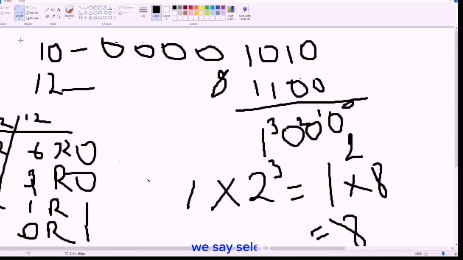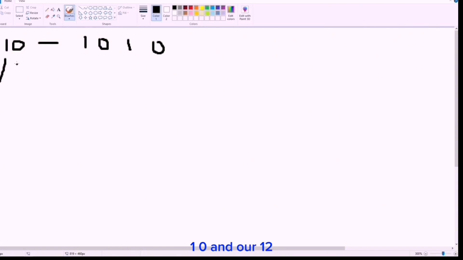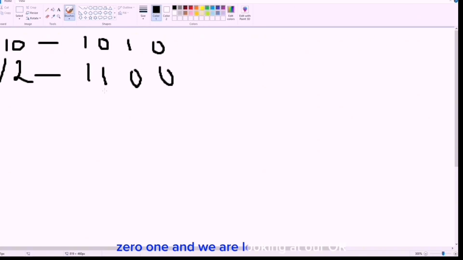We say select. All right. We already know that our 10 is 1, 0, 1, 0. And our 12 is 1, 1, 0, 1... And we are looking at our OR. Our OR is represented with a single strike like this.